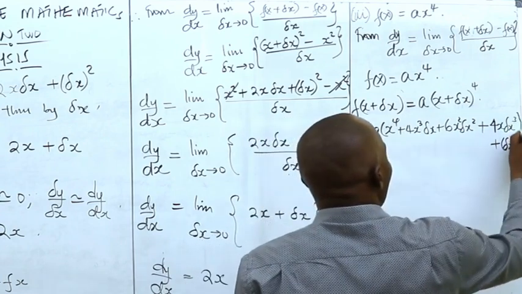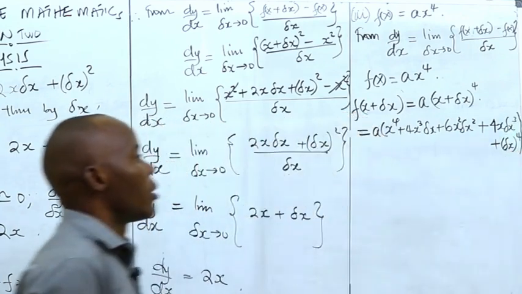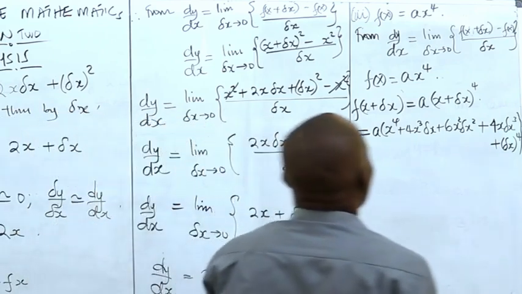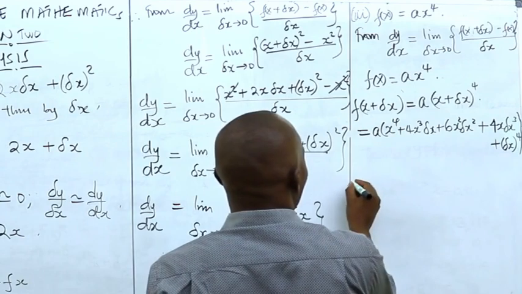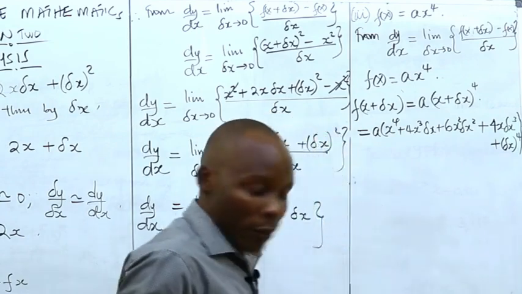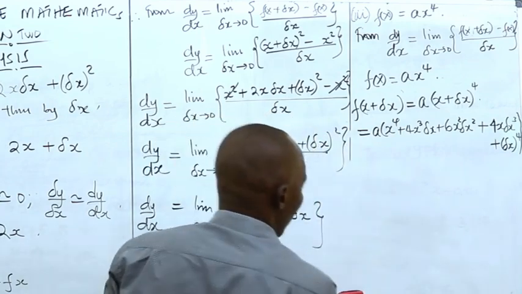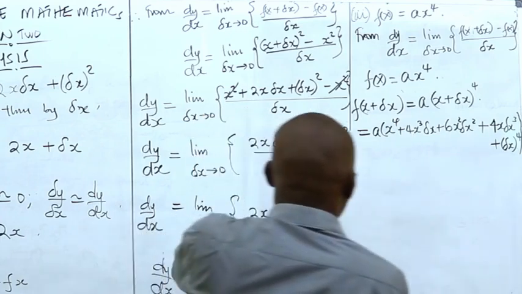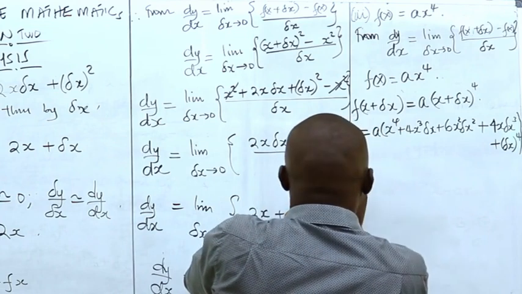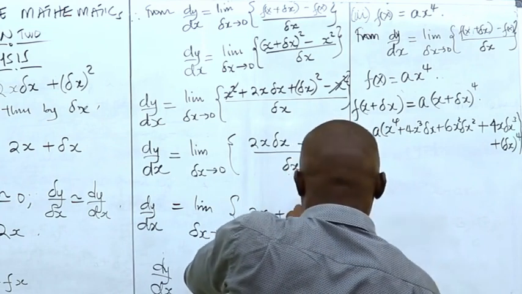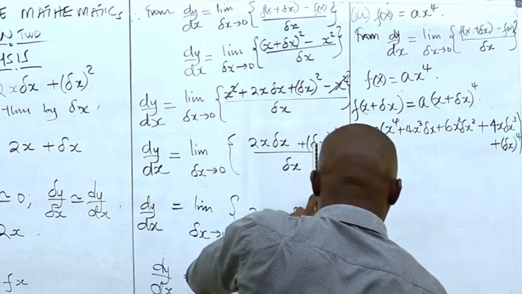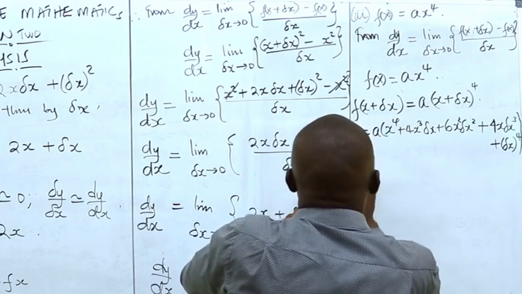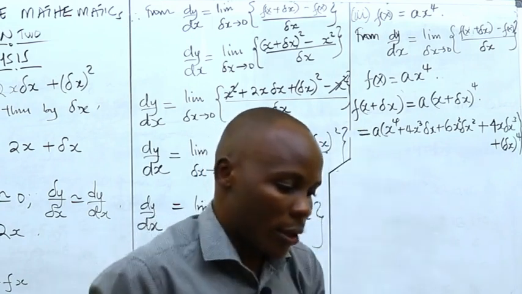But everything is under that bracket. Therefore, what do I have? I have something like this.